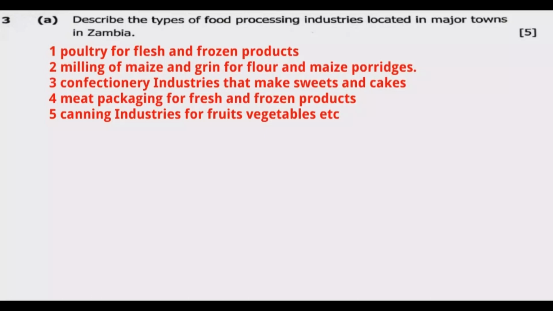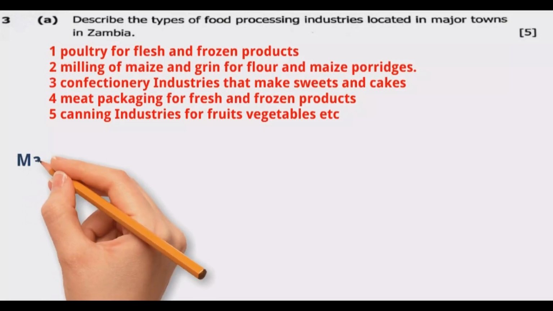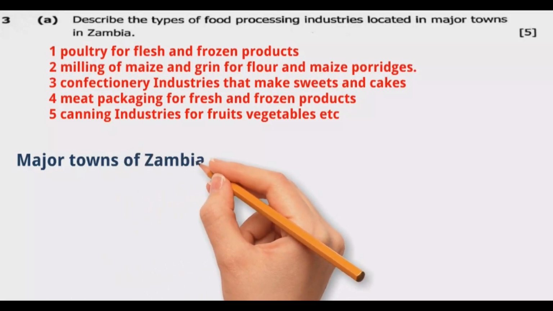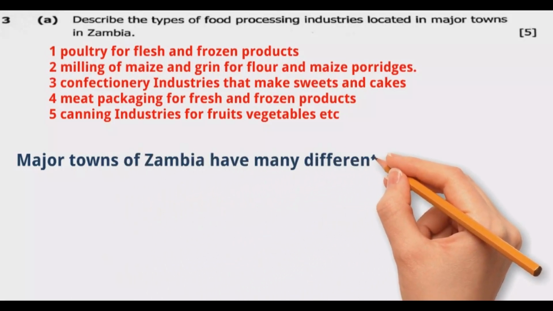Okay, now let's go and construct a short essay. So our short essay will be like this. Major towns of Zambia have many different food processing industries.